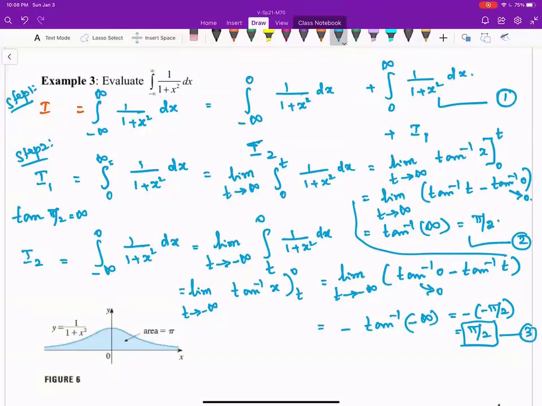The value of I1 was pi by 2. The value of I2 also turns out to be pi by 2.